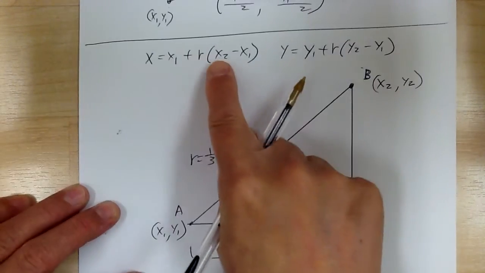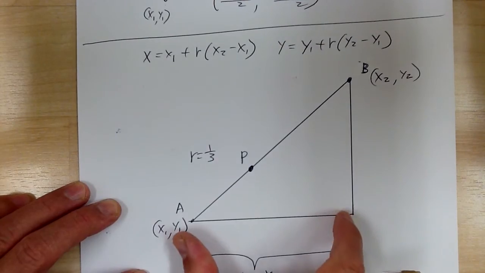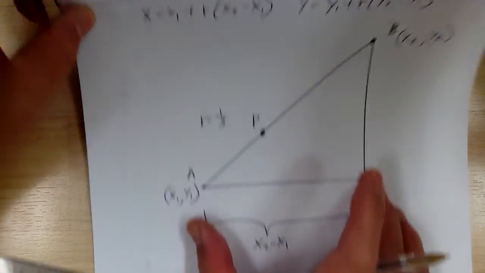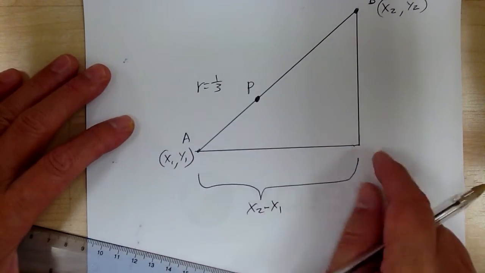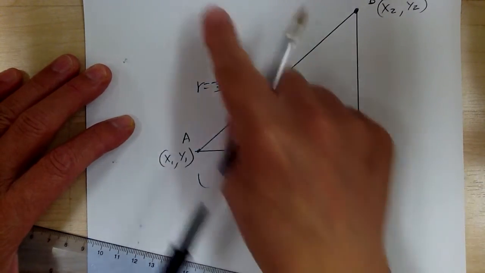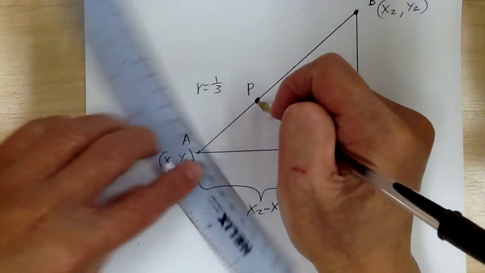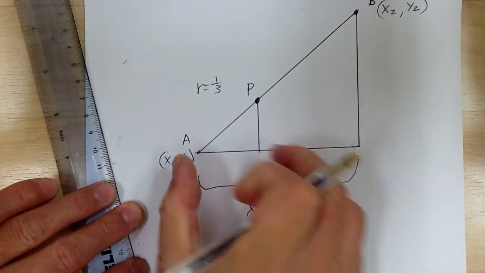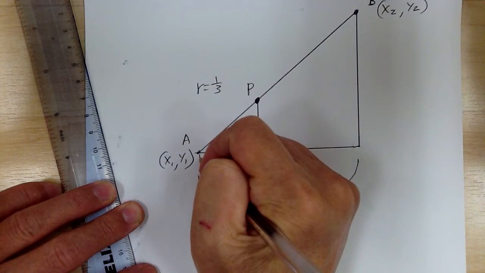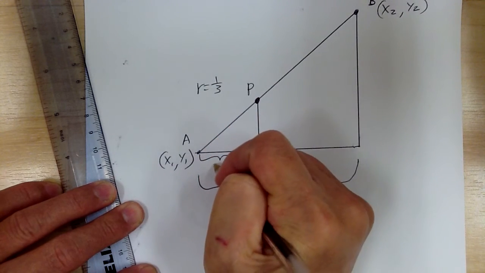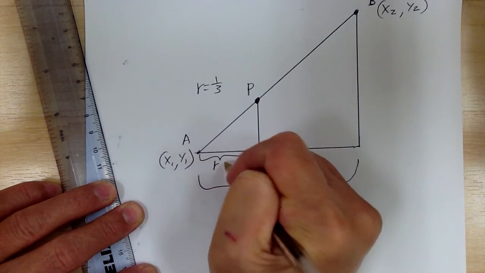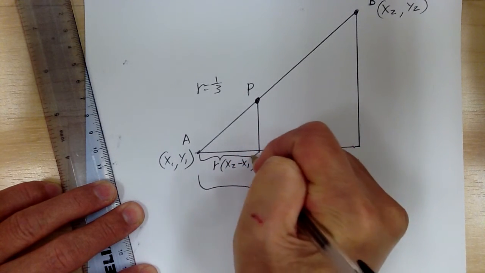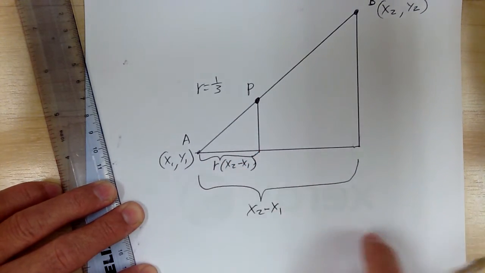So first you get the length of these. x2 minus x1 is this over here, right? First you find out what this is. Then you multiply by r, 1/3, because you want 1/3 of that. So this part over here is r times x2 minus x1.